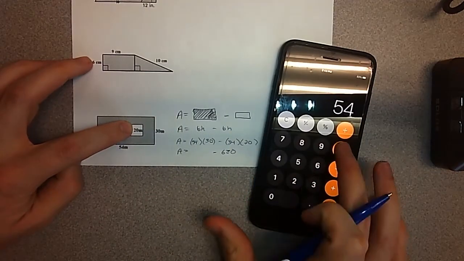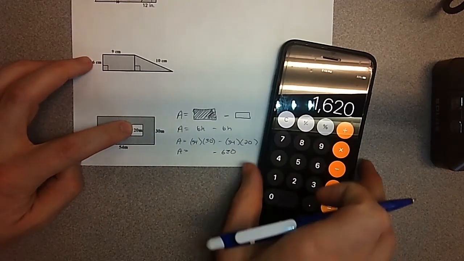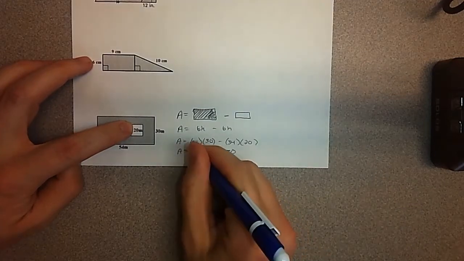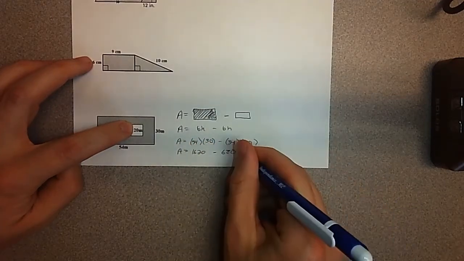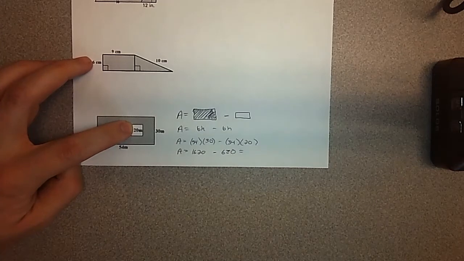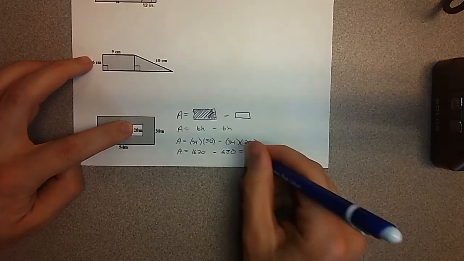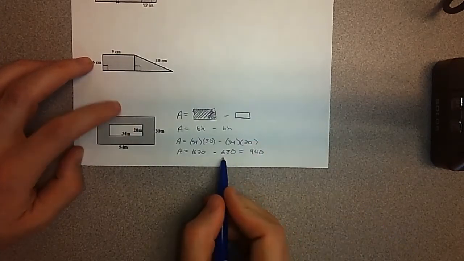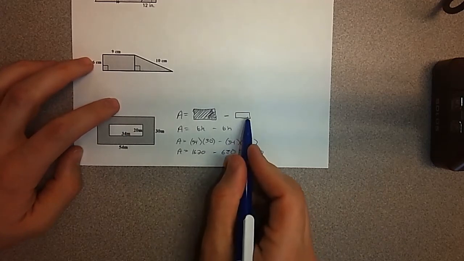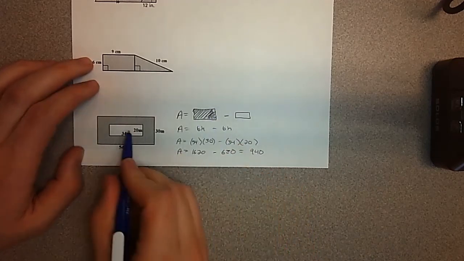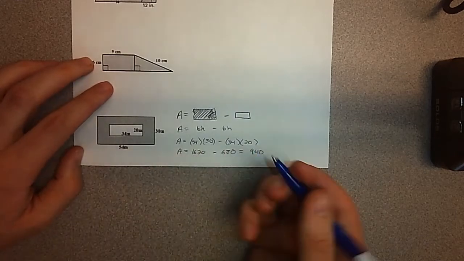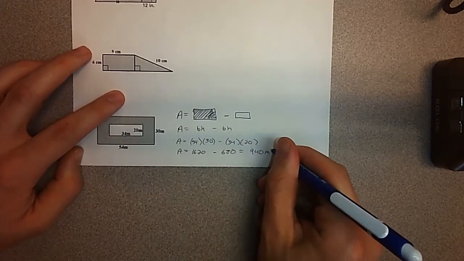So 54 times 30. I did not want to make a mistake in front of you, so I'll just make sure. You can do that at home as well. Minus 680 is 940. So I've subtracted the area of the smaller white rectangle from the bigger rectangle to get the area around it. And don't forget our units.